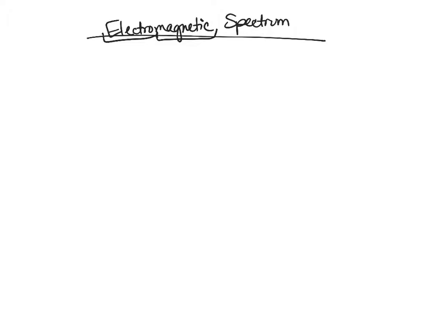So this is our light waves, our radio waves, our microwaves, our X-ray waves, all of these different waves that are around us. What we are going to focus on in this class is our visible spectrum.